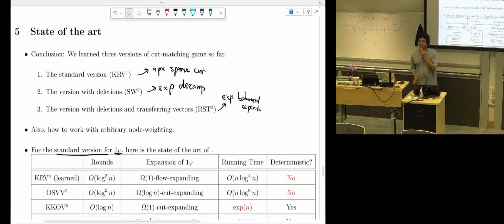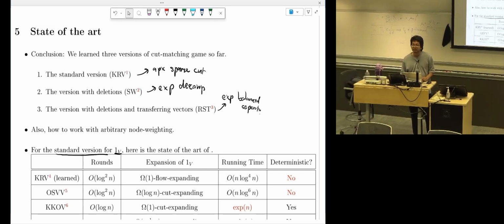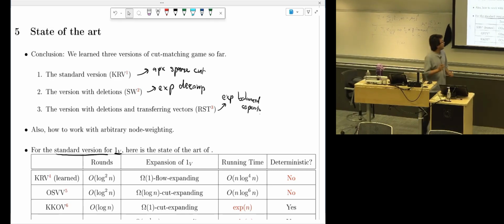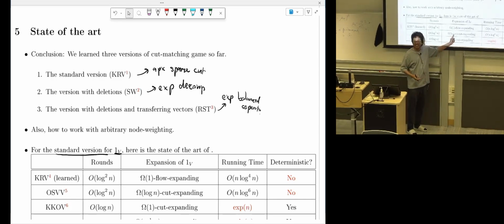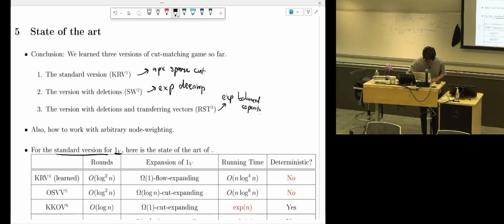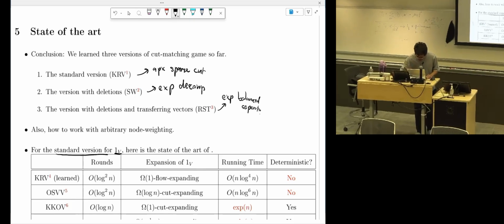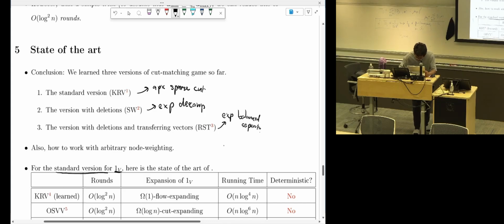Just about the first two, doesn't Omega(1) flow expanding also imply the second one? No, because this is more than one. So phi flow expanding implies phi cut, and phi cut implies flow.